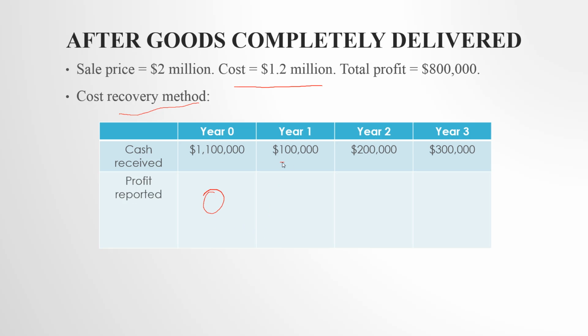In the first year on the $100,000, again we won't report any profit because the costs have not been recouped yet. However, in the second year, we report the entire payment as profit because we have already hit the total cost in the first year. And then in the third year again, we report the entire payment as profit because all the costs have been recovered already.